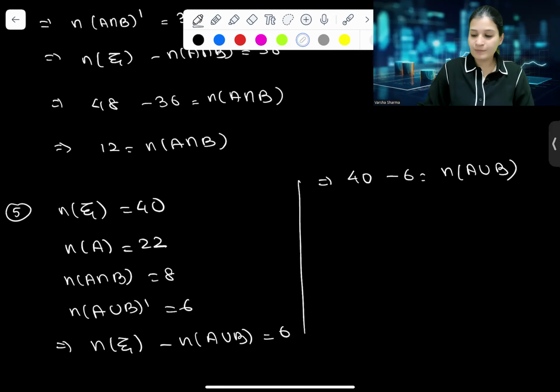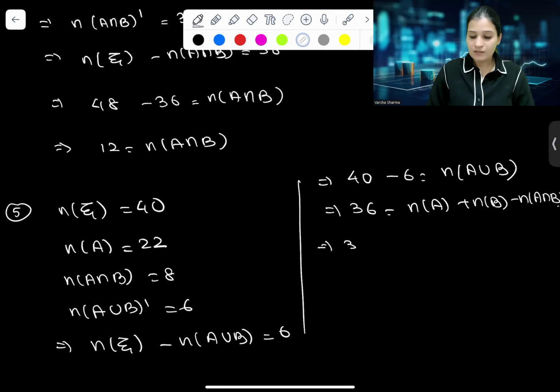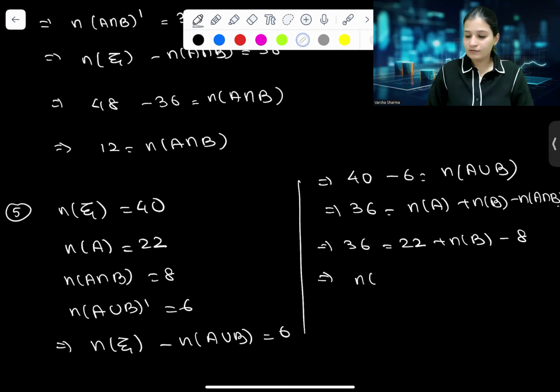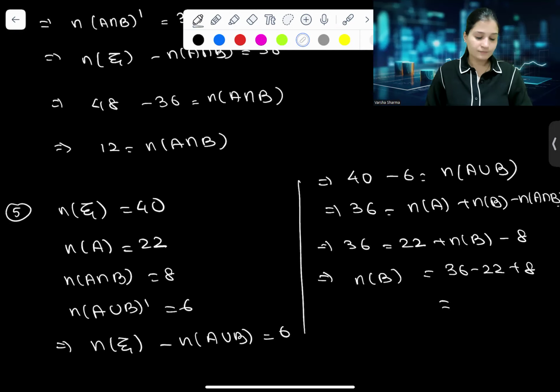This is A union B 36. For union, we have the formula A plus B minus intersection. So A is 22, B is missing, intersection is 8. So 36 equals 22 plus B minus 8. Answer 20.